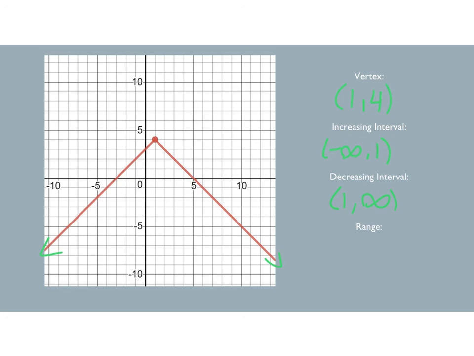So just to practice range one more time, ranges are y values. So if you look, the lowest y value on this graph is an arrow, so that means the lowest y value is negative infinity. And then the highest y value on this graph is 4, because that's the vertex, and it's a closed dot, so we're going to use a square bracket.